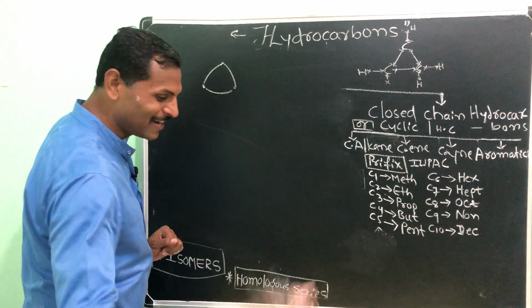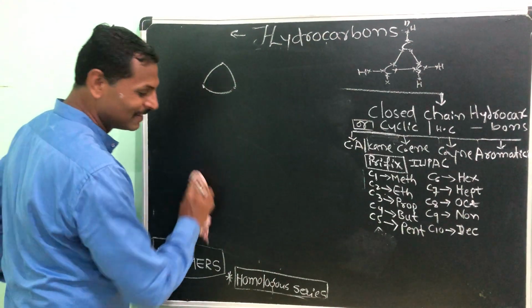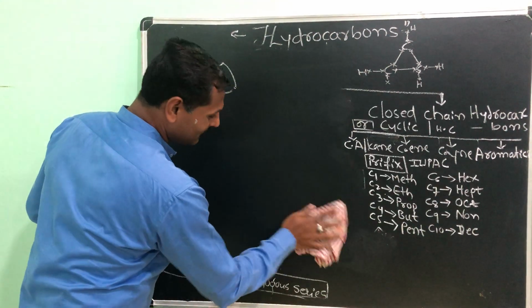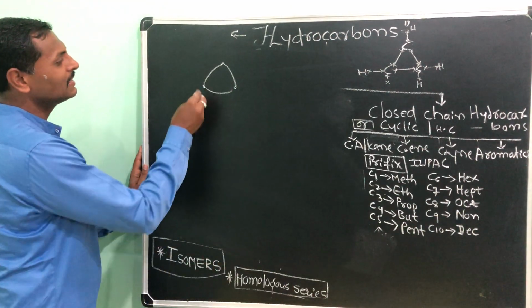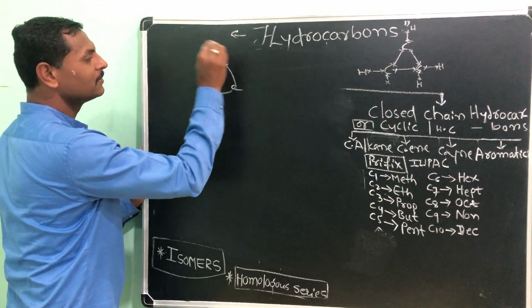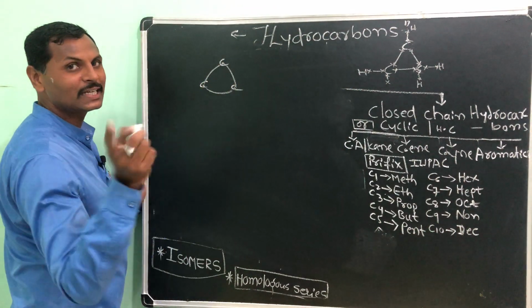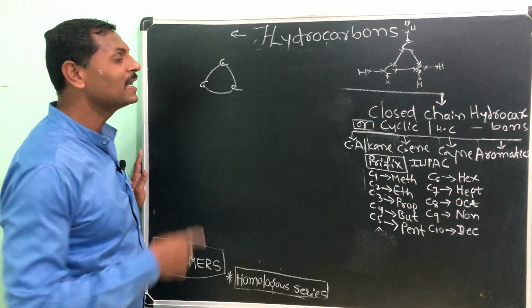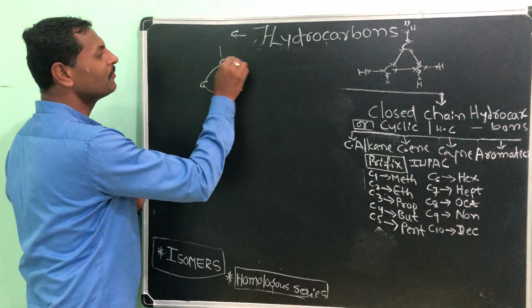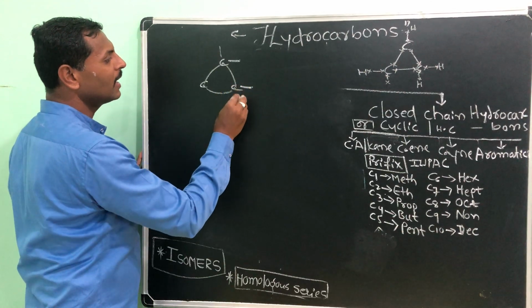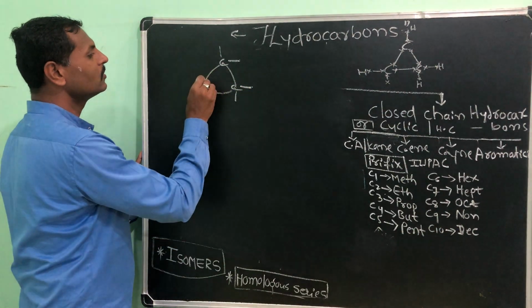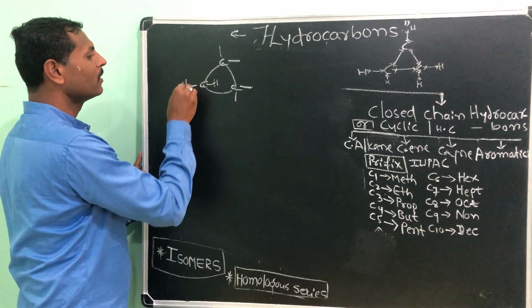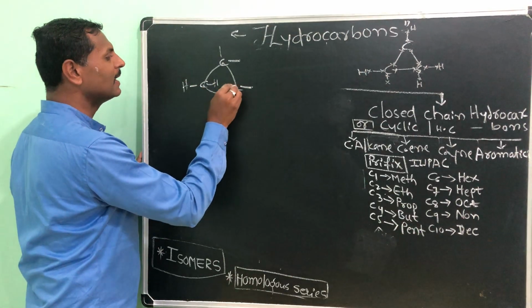Very good. If it is there, I will take a carbon like this. A single bond is there. You have to satisfy the valency of each carbon. I will take this one a little bit inside, like this.